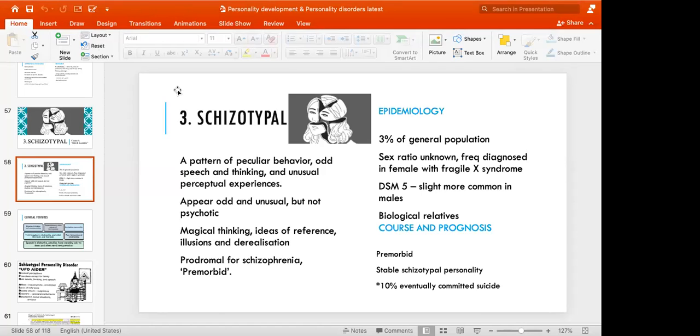Superstitious. Can you elaborate further? Maybe the kind related to sihir, santau, from what I understand. Is that the magical one? Maybe it can be that. Okay.